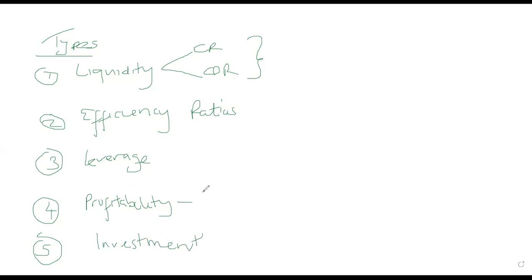Profitability ratios look at the firm's profitability. We talked about how many ratios? 3. The net profit margin, the gross profit margin, and what? The return on assets. The leverage ratios, what did you talk about?